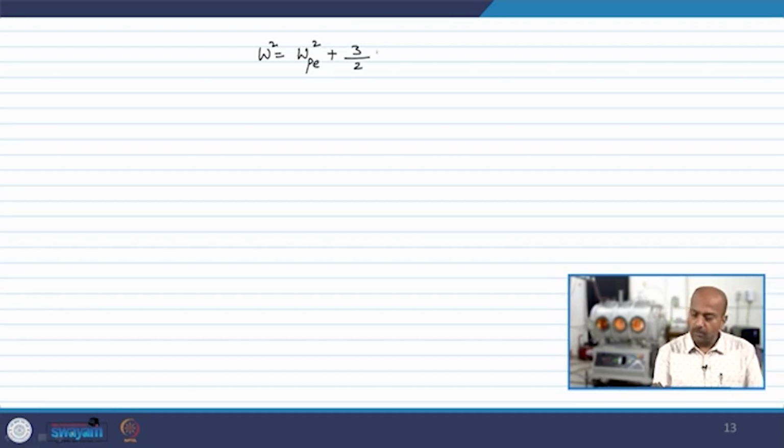We consider the original expression, omega square is omega pe, the electron plasma frequency square, plus 3 by 2 k square V TH square. We multiply and divide with something just to facilitate the inclusion of Debye length into this expression.